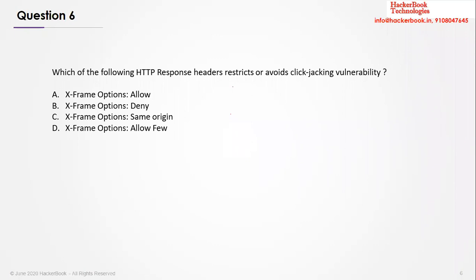No, another 30 seconds. X-Frame-Options allow, there is nothing like that option. X-Frame-Options deny, we have discussed. X-Frame-Options same origin, we have discussed. X-Frame-Options allow-few, there is nothing like that. So the correct answers are B and C. You need to set deny or same origin.